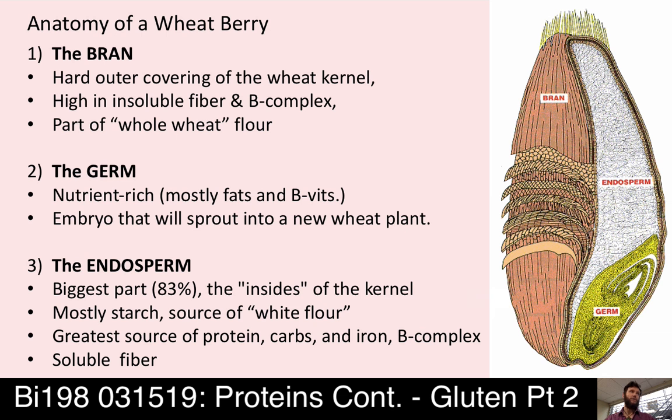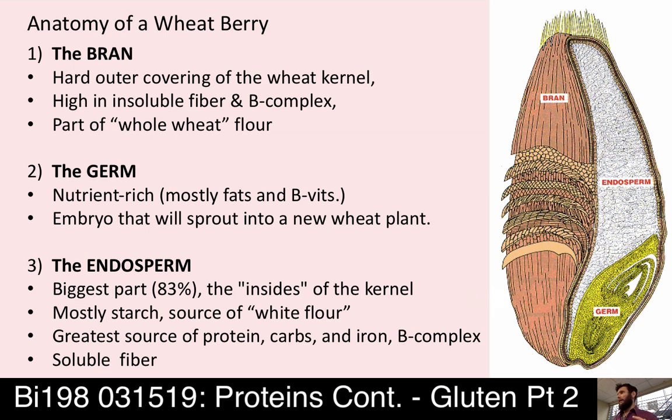And so that includes the germ, which is the part in yellow in this diagram. The yellow is the embryo of a wheat plant. It's the part of the wheat plant that sprouts. So has anyone had wheatgrass juice before?